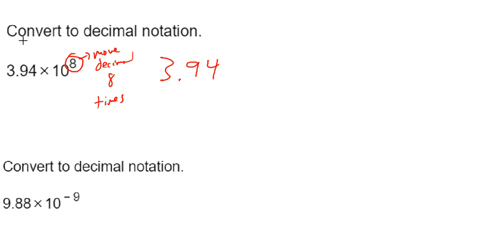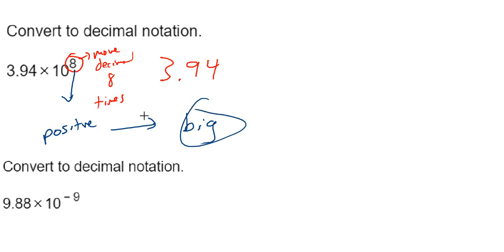And so here's where that same rule comes into play. This is a positive exponent, which means I should be getting a big number here. Big number, positive exponent, big number. If I move this decimal to the left, I will be making the number smaller. I will get a small number. I want to get a big number here because the exponent's positive, so I have to move the decimal to the right to do that.